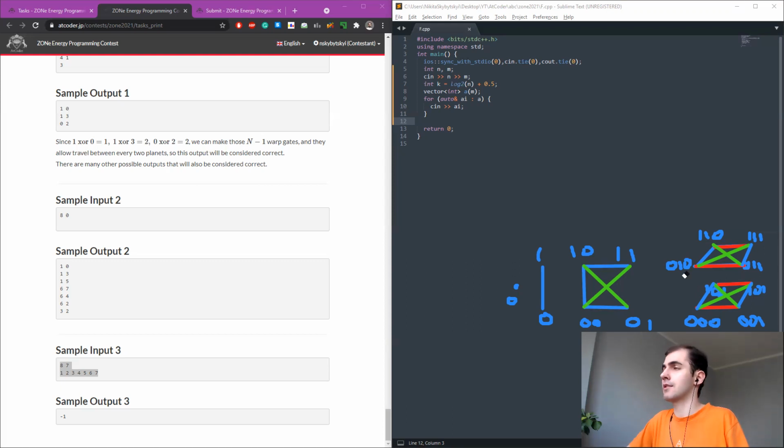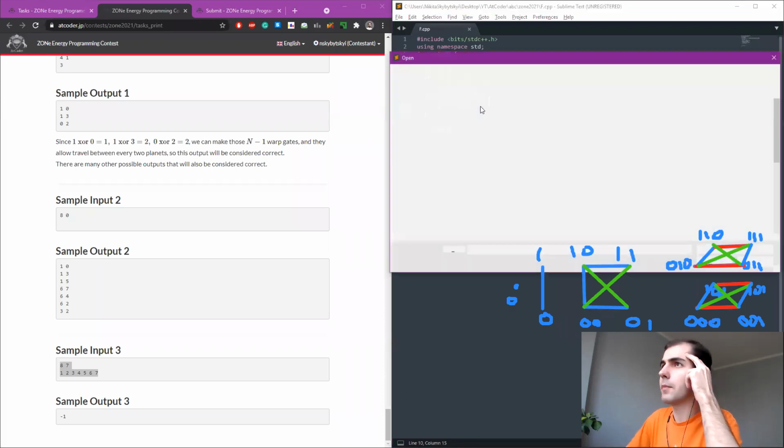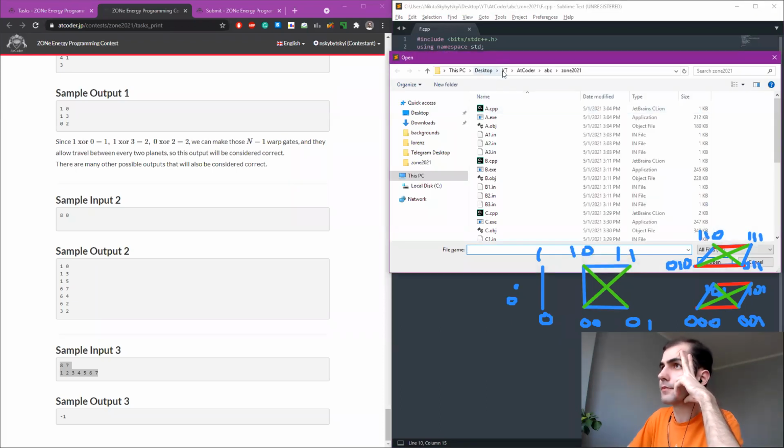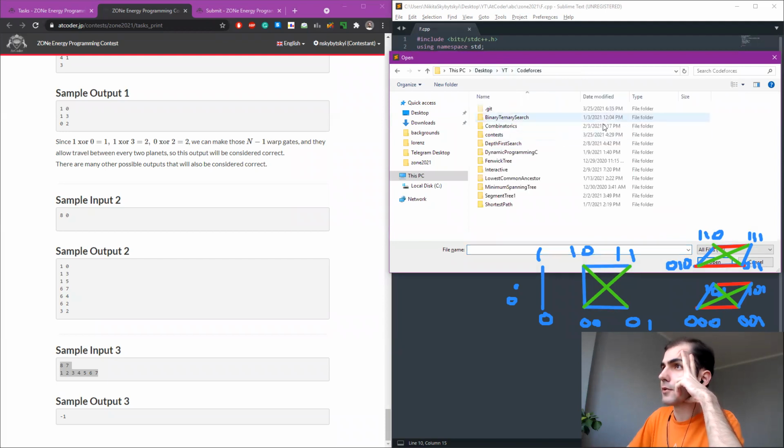If everything having the second bit turned on is banned, the graph gets disconnected. So what I propose is to open our disjoint set union from Codeforces.